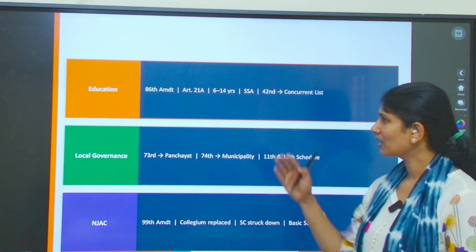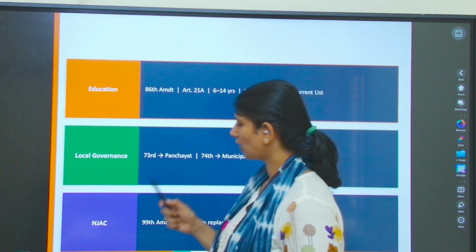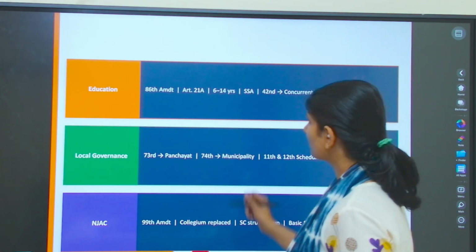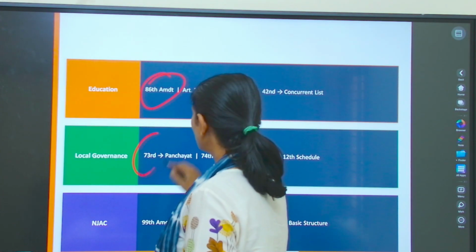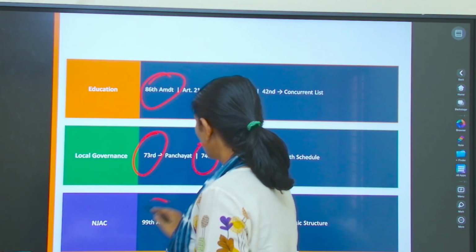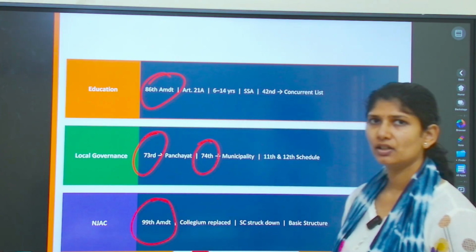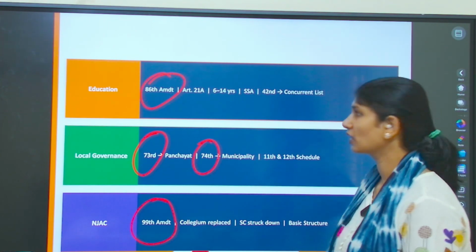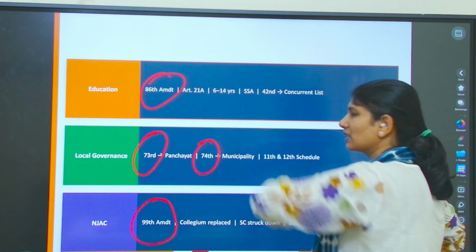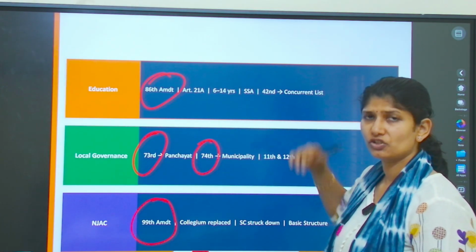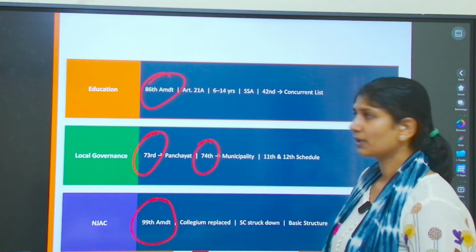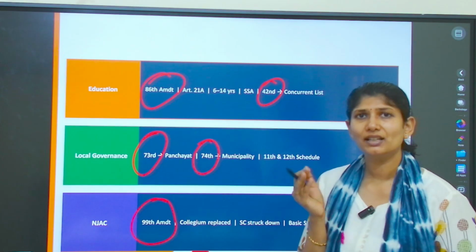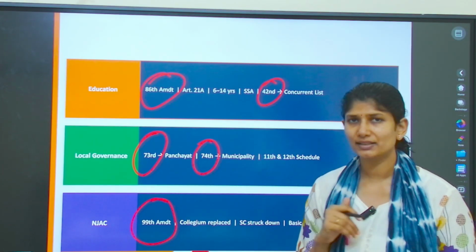Okay. If you see the last three questions, education, local governance, NJAC, everything is about important amendments only: the 86th Constitutional Amendment, the 73rd and 74th Amendments, the 99th Constitutional Amendment. So you have to learn the background and their aspects. For example, in education, the 86th Amendment introduced Article 21A, the fundamental right to free and compulsory education, and the 42nd Amendment moved education from the state list to the concurrent list.